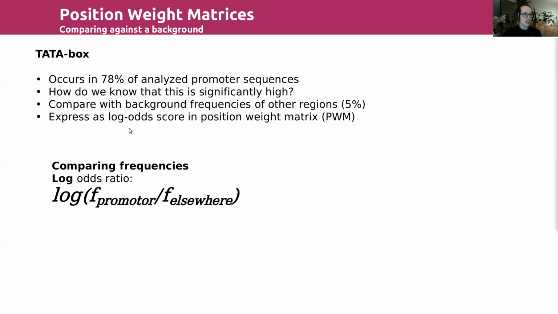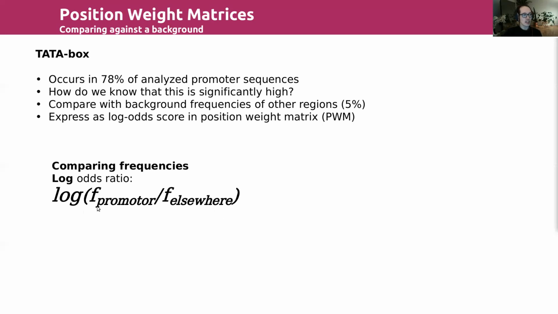You can express these frequencies as log odds scores in something called a position weight matrix. It is similar to a frequency table, but instead we're looking at a log odds score. Again, like with many of the scores, like the scoring systems in BLOSUM and PAM, we're taking one frequency or probability and taking its ratio with another frequency or probability.